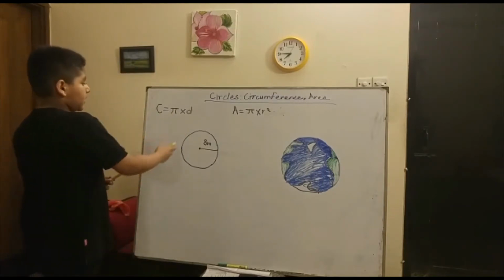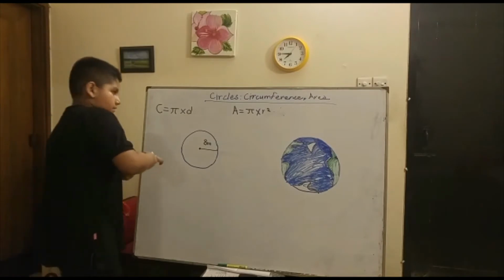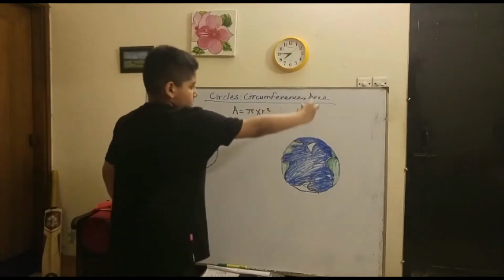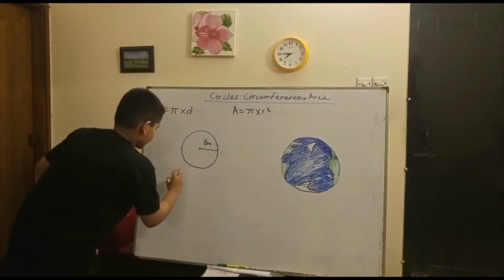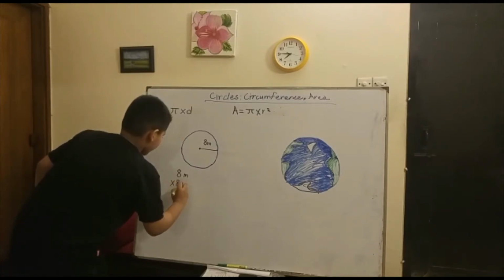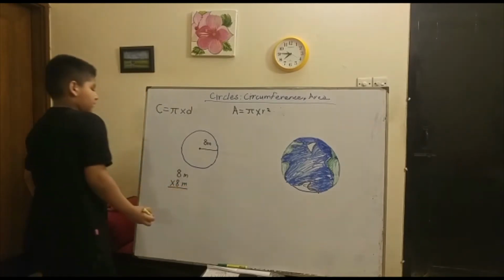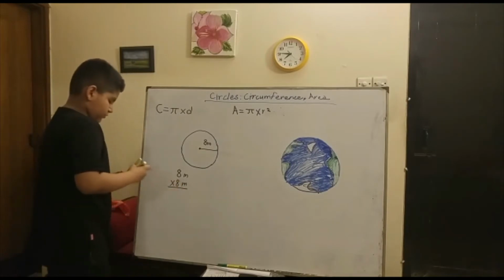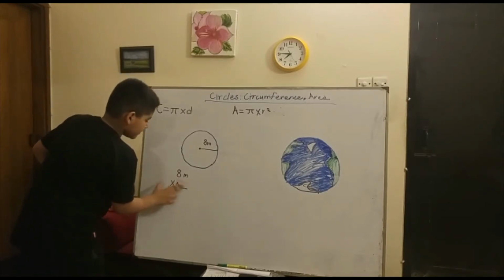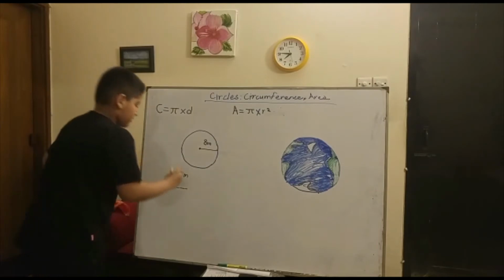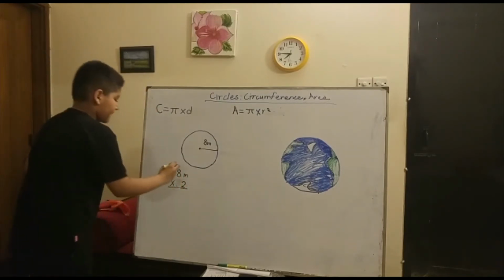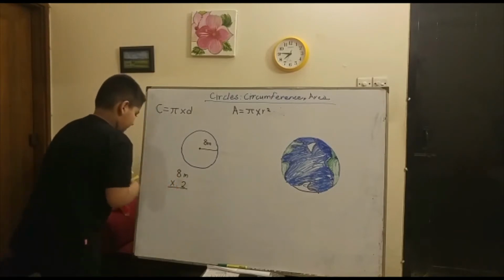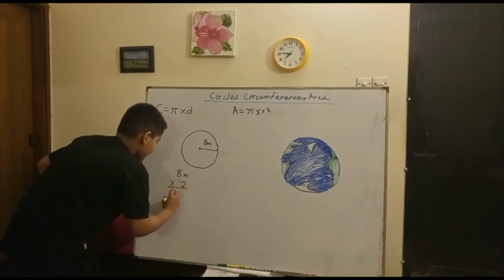So we can plug in the radius and multiply it by 2. 8 meters times 2 equals 16 meters.